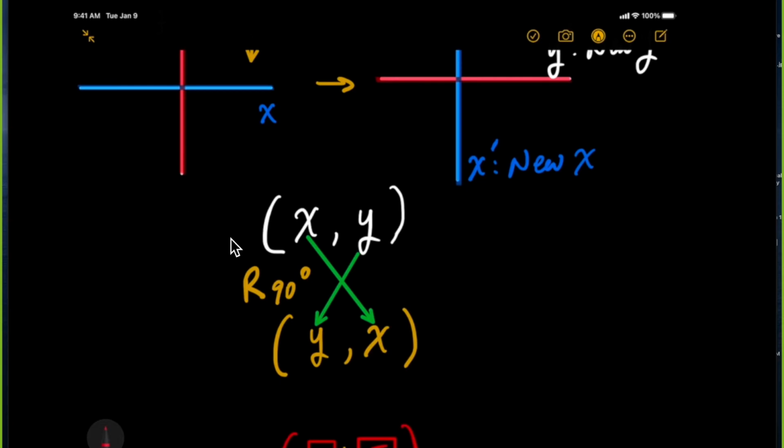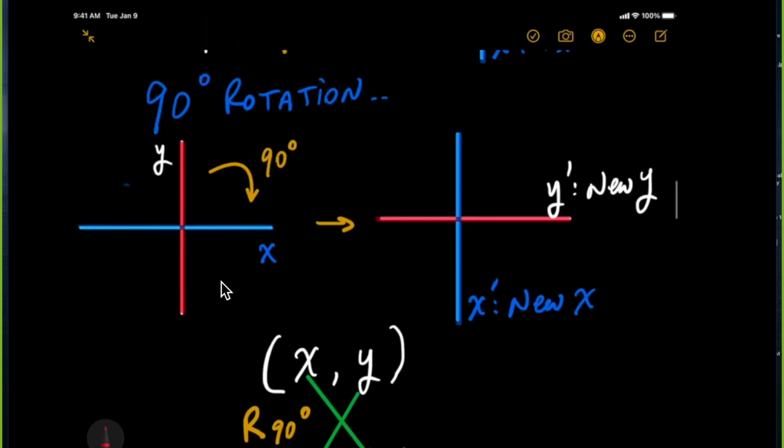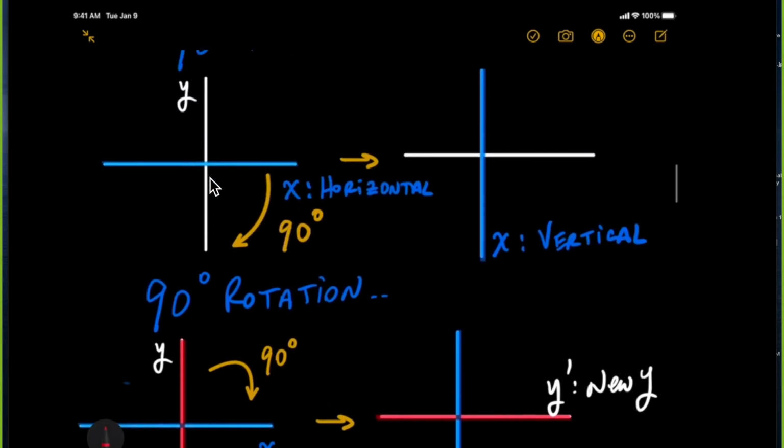This is why you switch the values. So whenever you're rotating 90 degrees, this value comes here in the new point, and the y value comes here. They flip-flop. And the reason they flip-flop is what was originally a vertical axis is now horizontal, and what was originally a horizontal axis is now vertical.